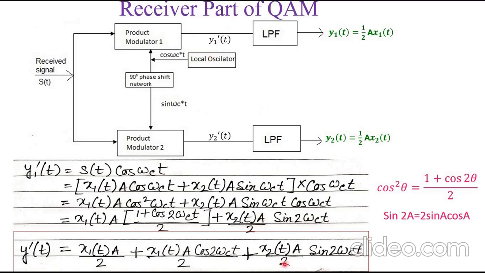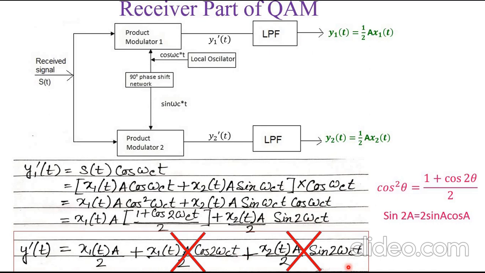Now let's see for y2'(t). So now when you pass this through a low pass filter, you will be eliminating the high frequency components. So here we get the value of y1'(t). When you pass this through a low pass filter, you will eliminate this component as well as this component.